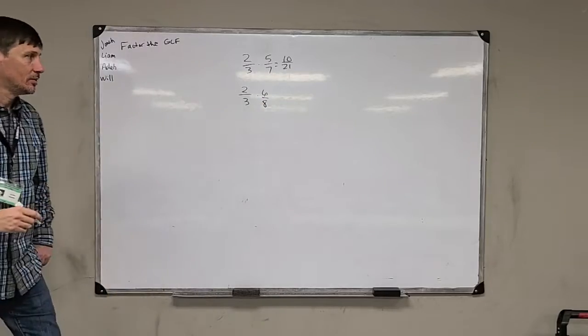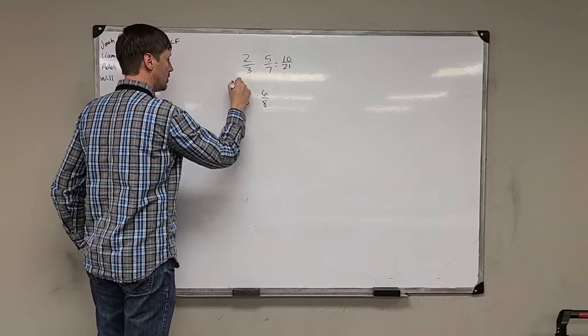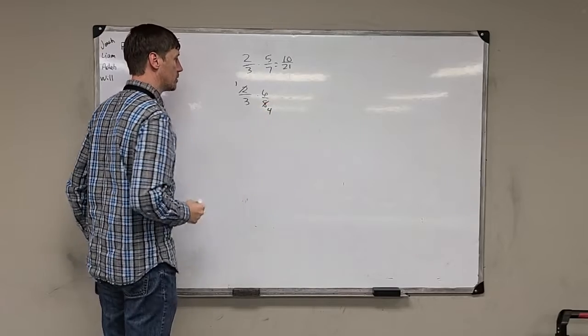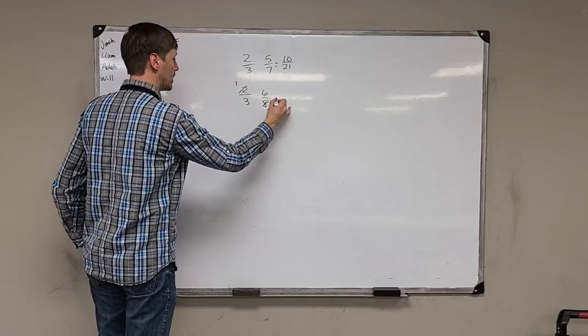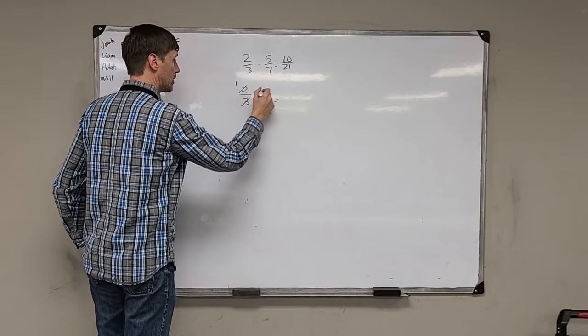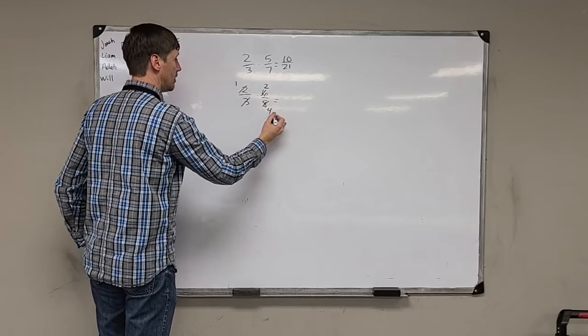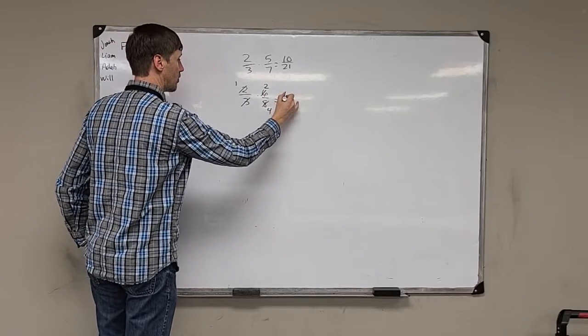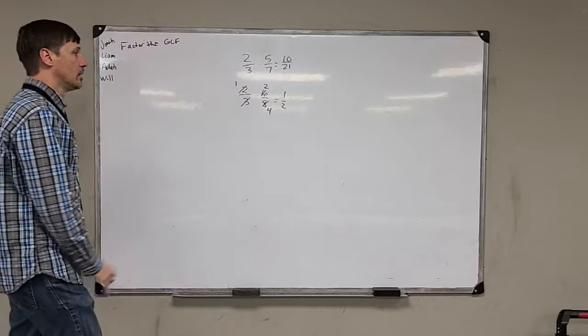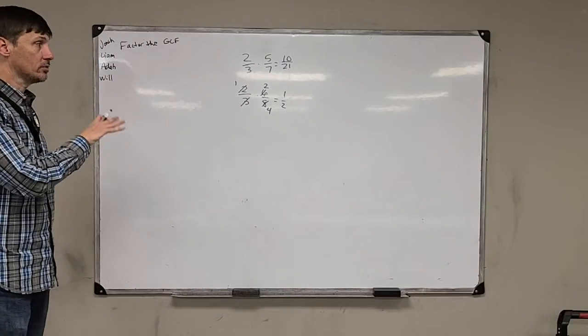Then we could cancel. We could say this 2 will go into this 8 4 times, and 3 would go into 6 2 times, and then we're left with 2 over 4, which is 1/2. So you could cancel if it's like that.